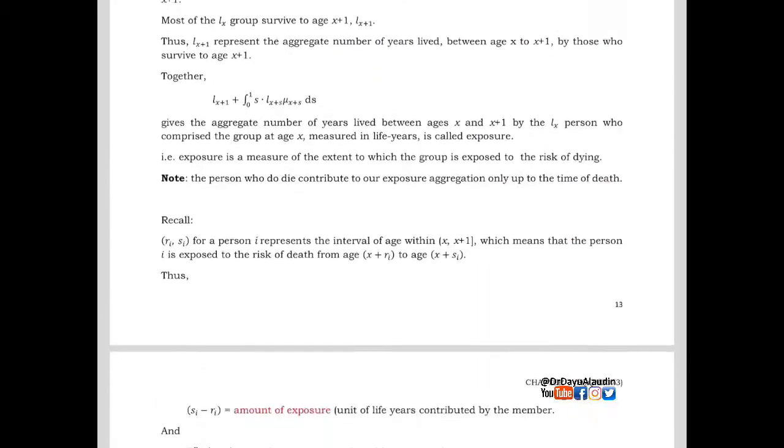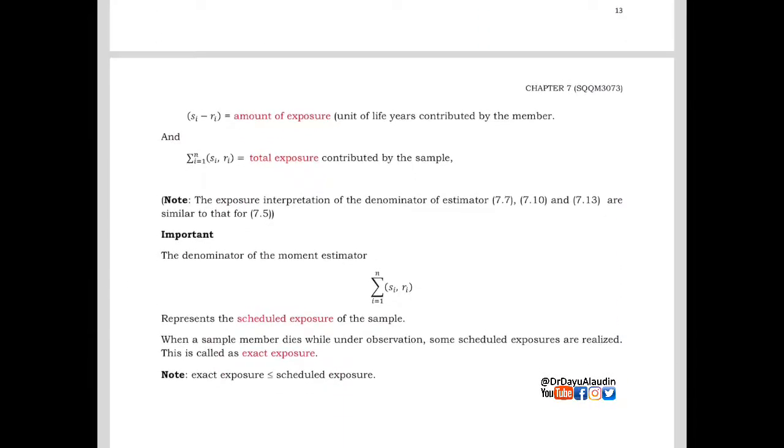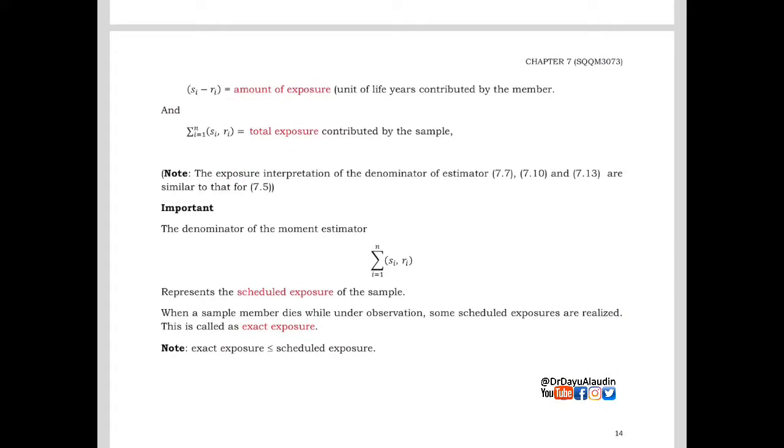So there are two kinds of exposure. We have scheduled exposure and exact exposure. So scheduled exposure, like the example 1, where SI minus RI follow the schedule, not the date of death.